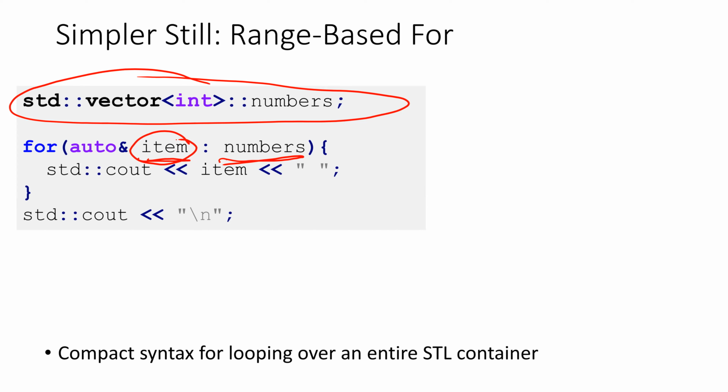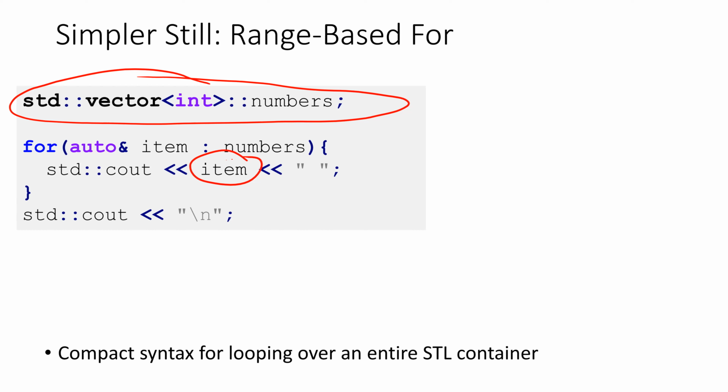Every iteration, item is going to refer to the next element. So I could write this code and just print out item, and it'll print out the vector. It's no faster and no slower than writing it with indices or iterators. The compiler actually turns this back into essentially the same code you would have written with iterators or indices. Okay, so it's not anything magic.